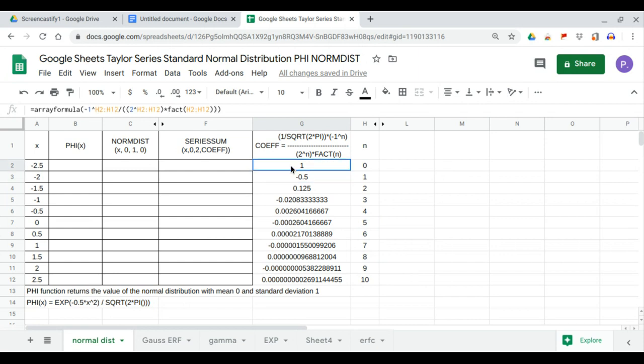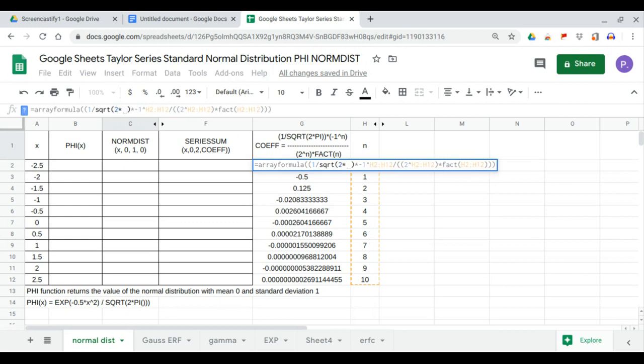That's because of the negative 1 to the power n. Next, we factor in 1 over square root of 2 pi. So we add 1 over square root of 2 times pi.